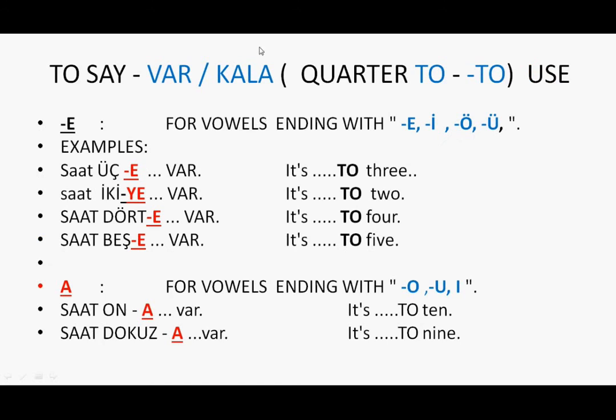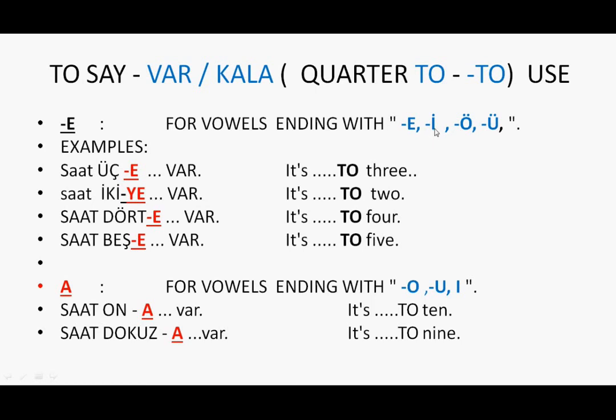Let's see now how we use quarter to or blah blah to. Okay, guys. So in Turkish we say var, or you can say kala. Examples: if vowels finish with E, İ, Ö, Ü. Okay, I will say them in Turkish letters.